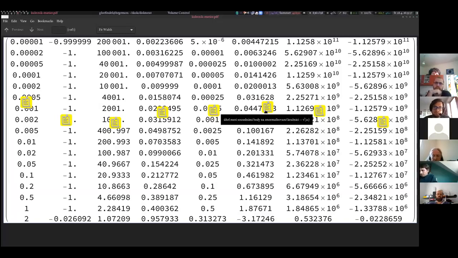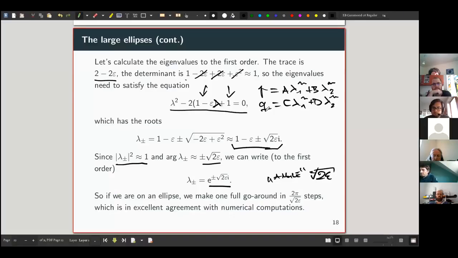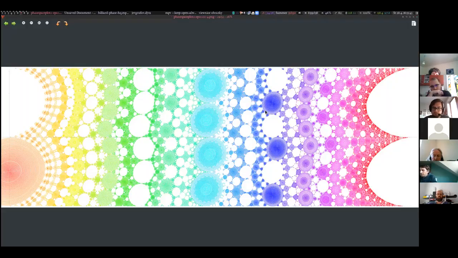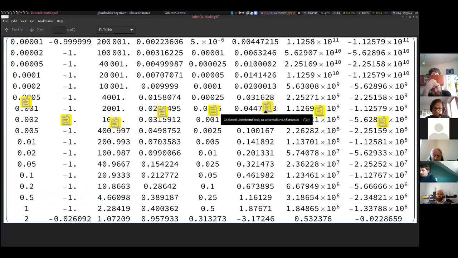And of course, this angle, as I said, is not any real angle, because it's somehow squashed in the process of parametrizing the ellipse. But it is kind of an angle that measures after how many steps we go around. And here you can see that it really is sort of square root of 2 epsilon, exactly as we showed before.